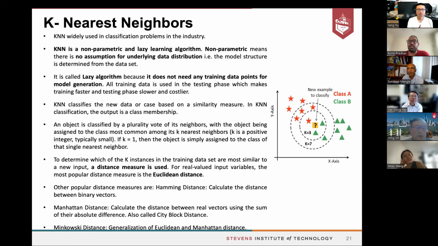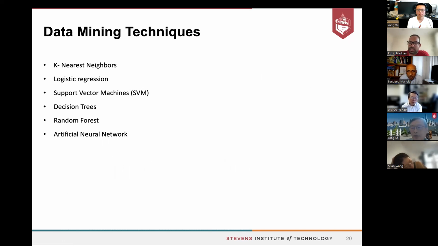So k nearest neighbor. Rohit, can you explain the relation between the different techniques in the summary of approaches? Basically in machine learning you have different techniques that you can use, which may use different principles.